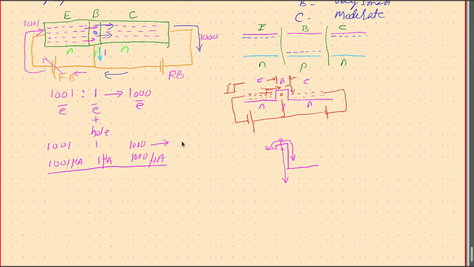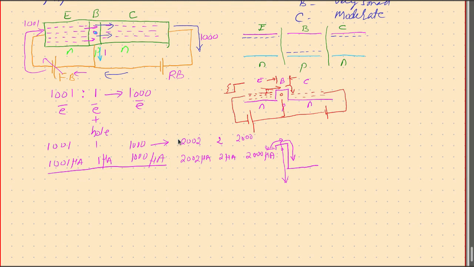If they are doing twice, then you will have 2002 electrons crossing this junction in one given time, and two get occupied in the holes, once each time. So it is doing two rounds, and 2000 get here. That means you will have 2002 microampere current here, 2 microampere current here, and 2000 microampere current here.